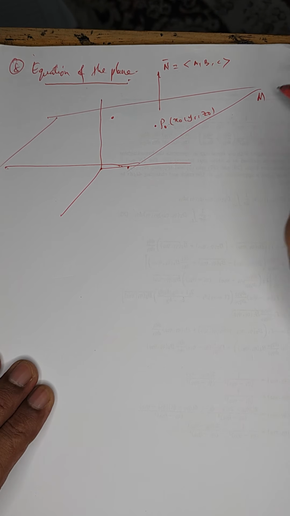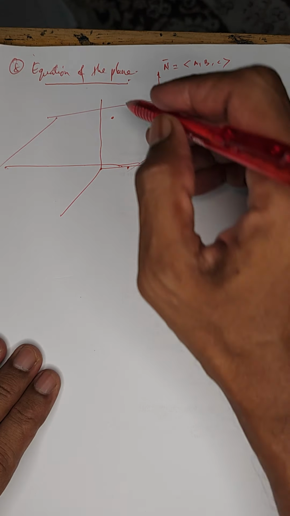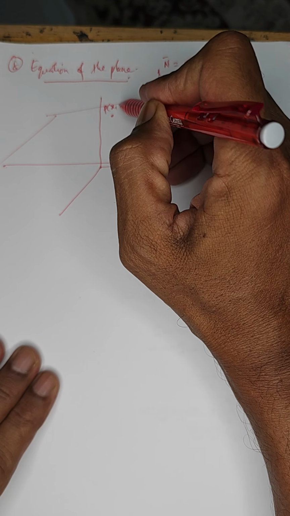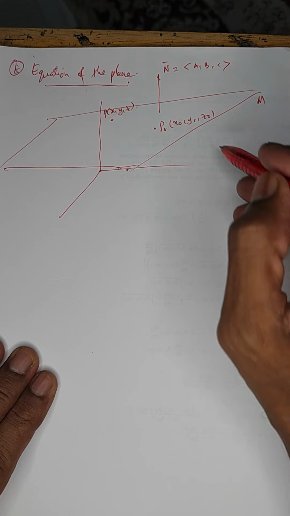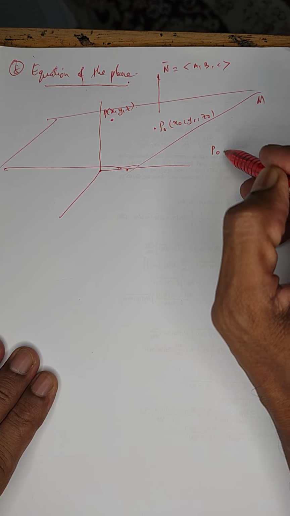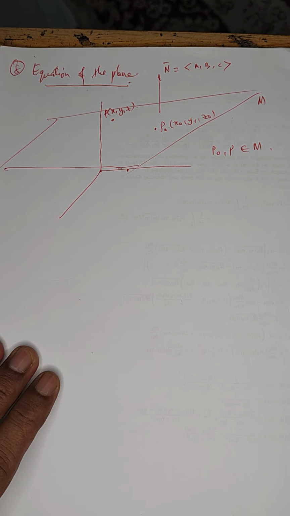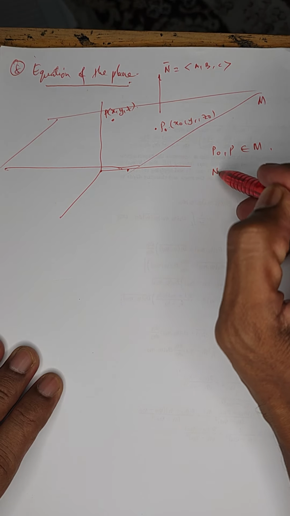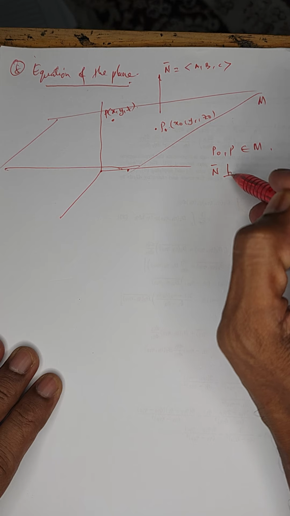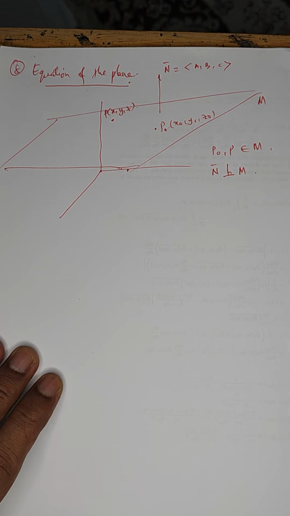Let's call this plane M, and we have a point P, x, y, z. So P0 and P are on the plane, and we have a normal n that is perpendicular to the plane M.